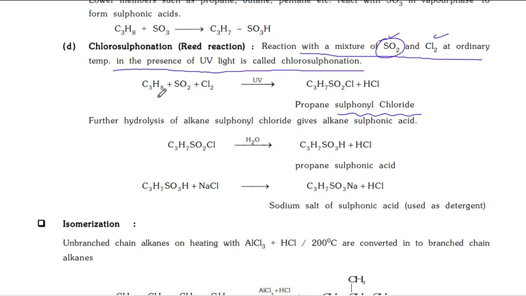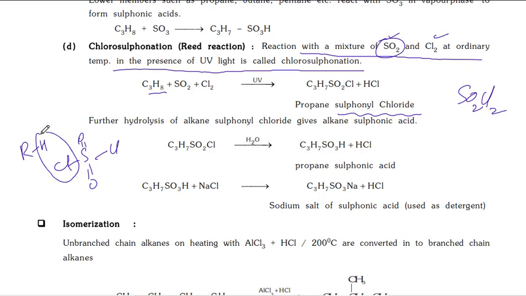Okay, 1 hydrogen is replaced, sulfonyl chloride, actually SO2Cl2 is forming. This SO2Cl2, the structure is like this. Okay, here alkane RH is there, HCl is removed. Then RSO2Cl, this is the mechanism.